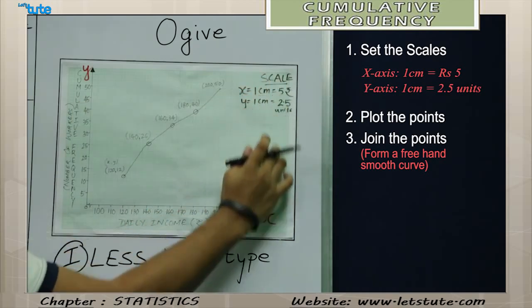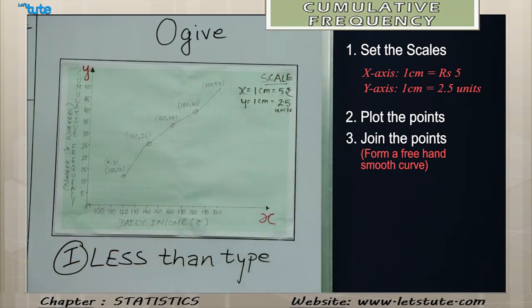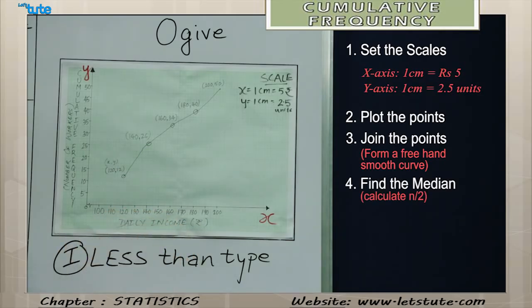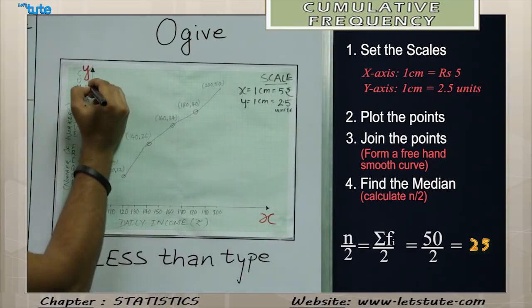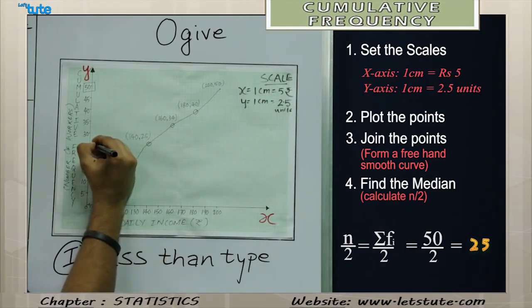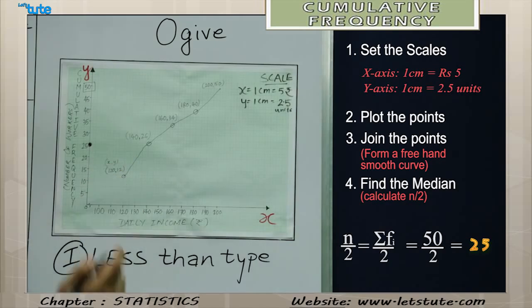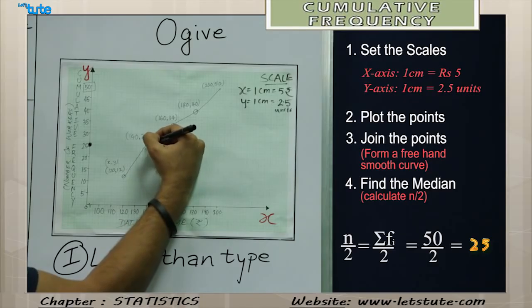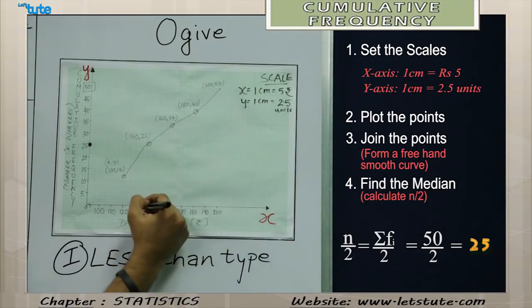Now this is the graphical representation of a cumulative frequency distribution. From the same graph, we can find the median of this data. To find the median, we have to find n by 2. Now n in this case is the total frequency, which is 50. So n by 2 is nothing but 50 divided by 2, which is equal to 25. So 25 will be half of the total frequency. Now we'll draw a line from this point 25 and touch the curve, and from that point we will touch the x-axis, and that will be the median.